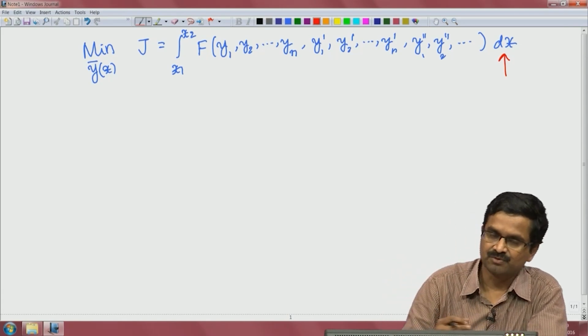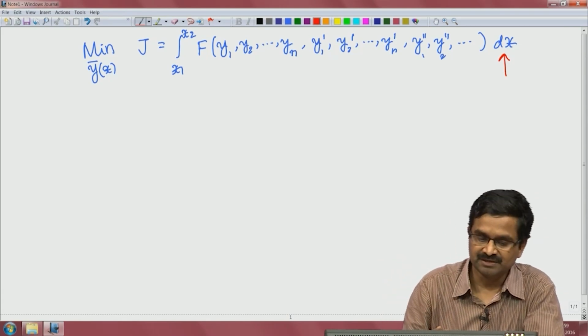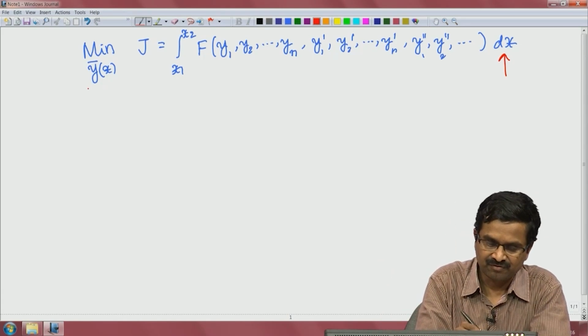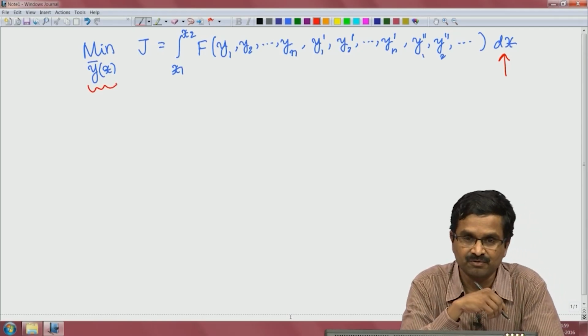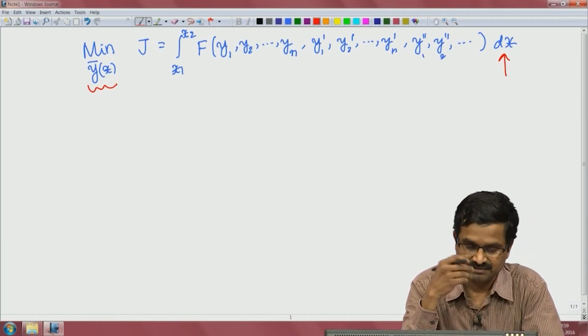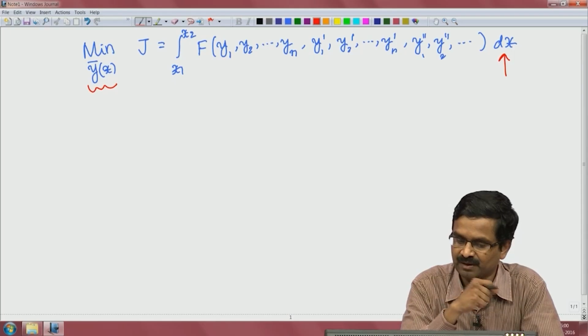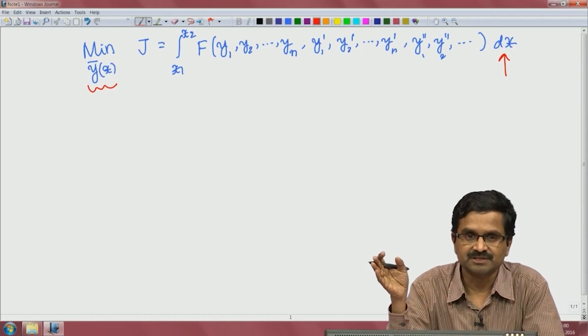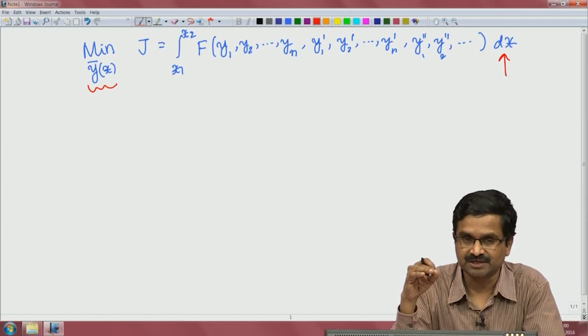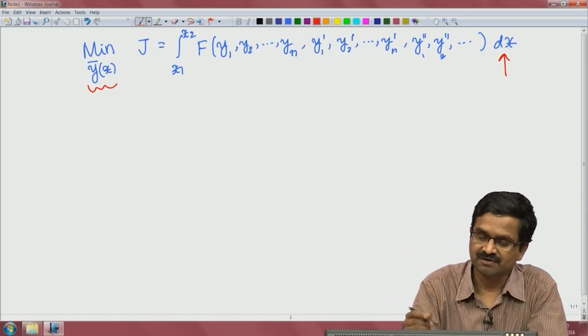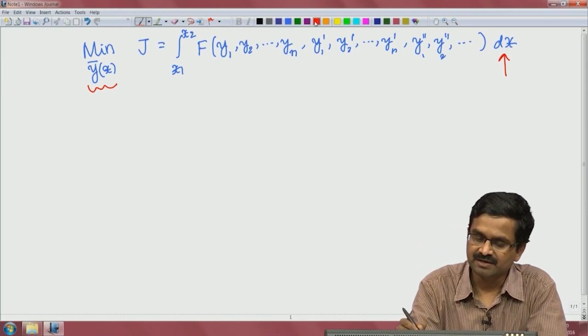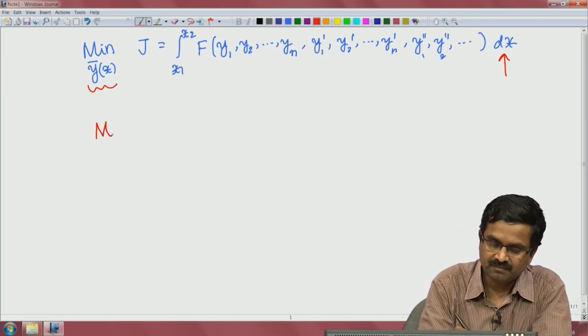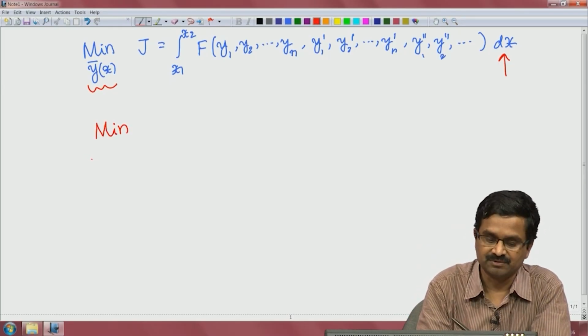So, we want to go to more than one dimension, in which case our functions will not be a function of x alone, they will be functions of x and y. In terms of the constraints, functional type constraints and function type constraints, global and local constraints, they will be the same. All the change that will occur now will be in terms of the number of independent variables.